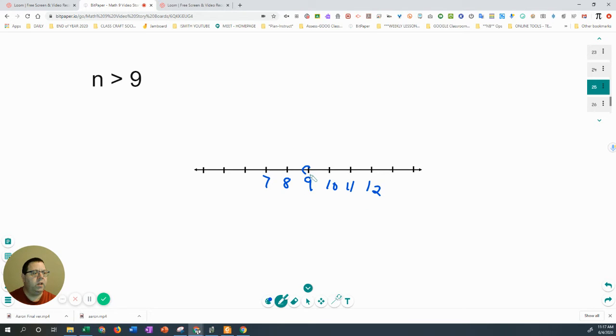Again, the point is, leave that circle not shaded in, and then draw your arrow. Leave your arrow unbroken. That's basically it. So it's open, not shaded.